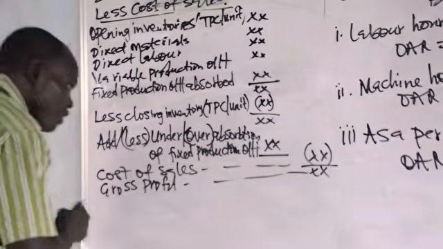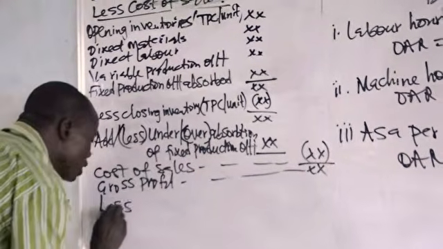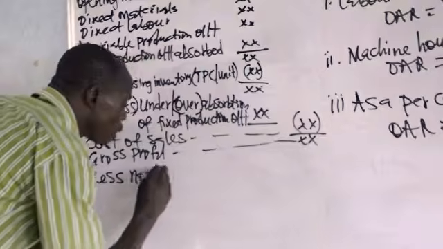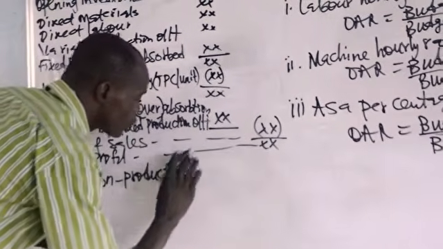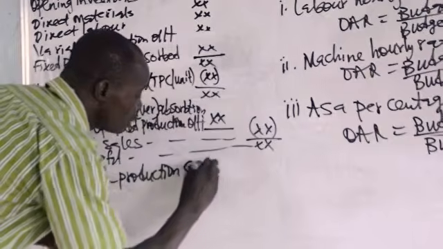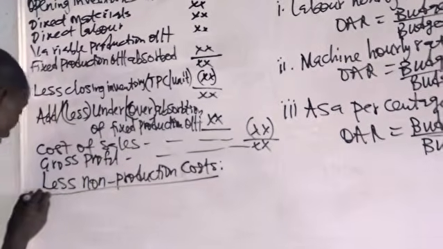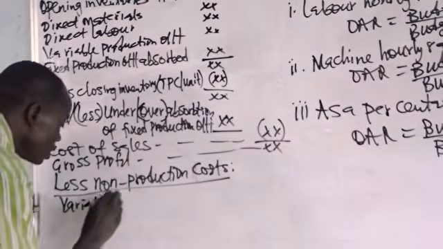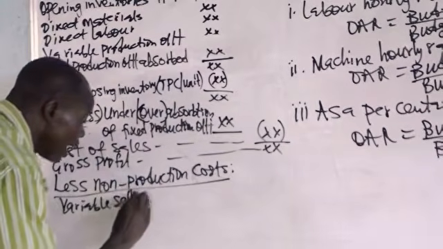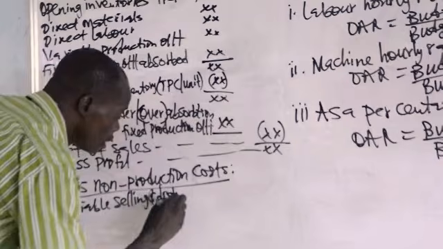Your cost of sales, when you less that, you get gross profit. Then after gross profit, you now less non-production cost. Your non-production cost, those that don't relate to production, you can have variable selling and distribution expenses.